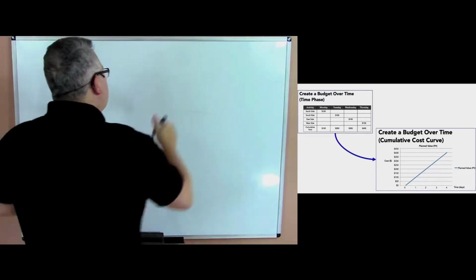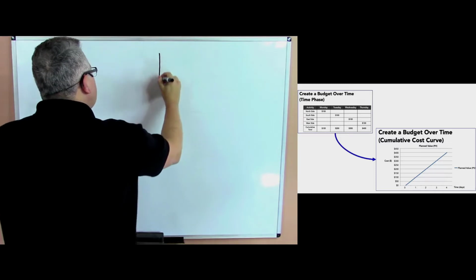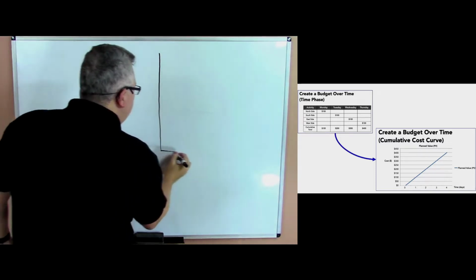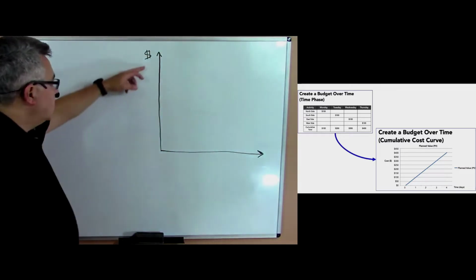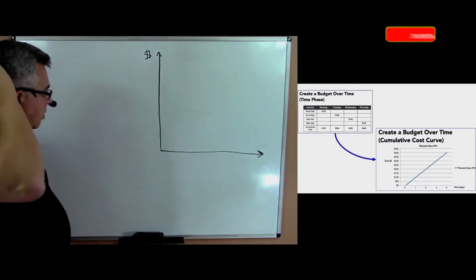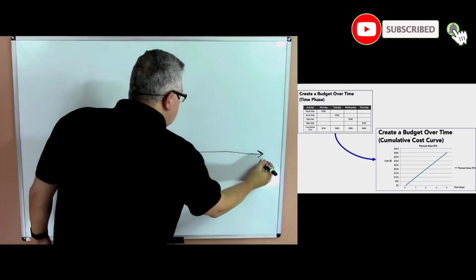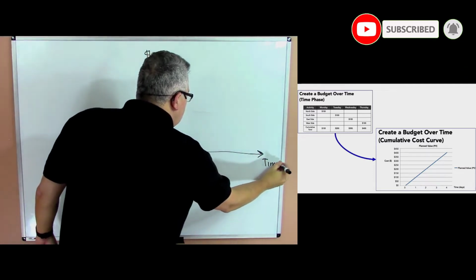Let's understand that graph. What does it mean? You have a graph in which we have the expenses or the budget on the vertical line and time on the horizontal line.